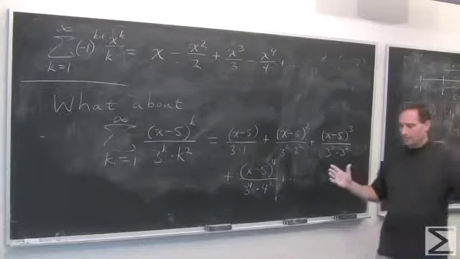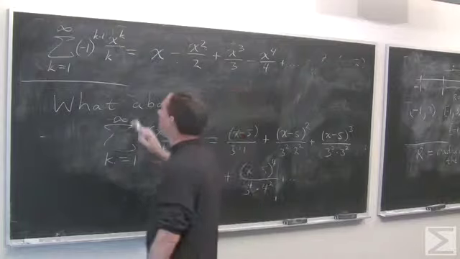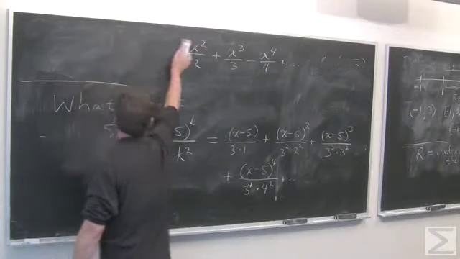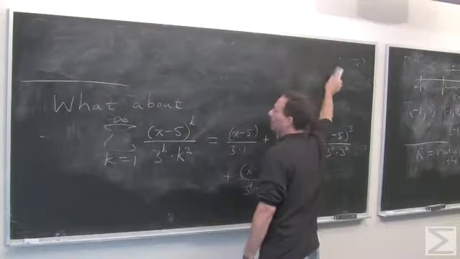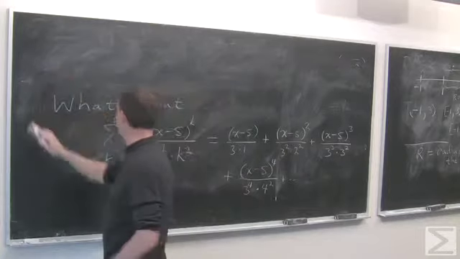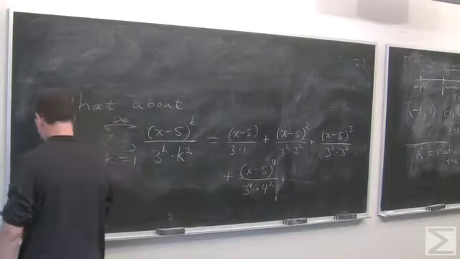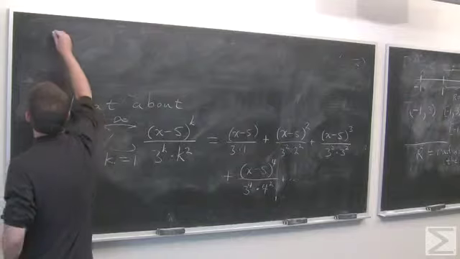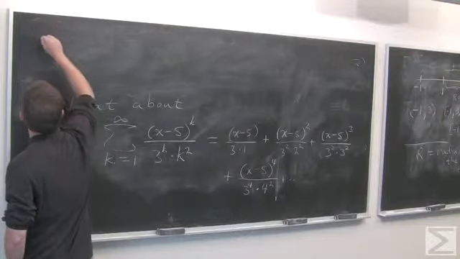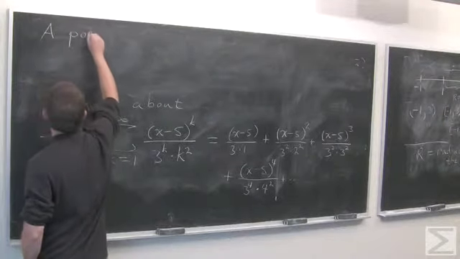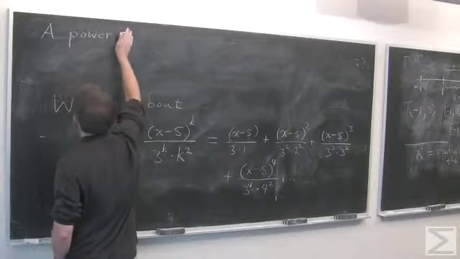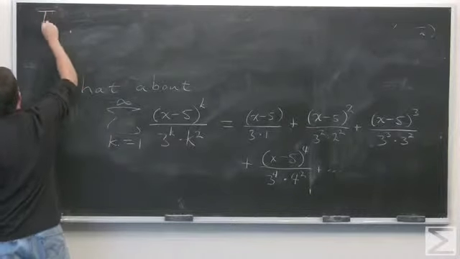What does that have to do with anything? Well, maybe you've guessed what I'm about to say. I guess I want to try to leave this one on the board. But a power series. So this is a theorem. It's a big theorem.